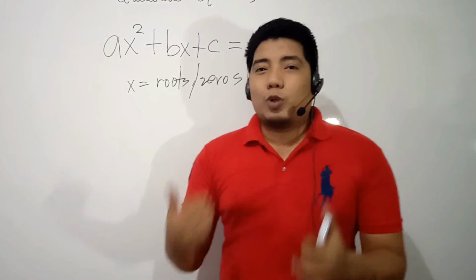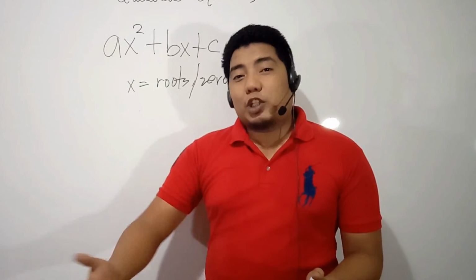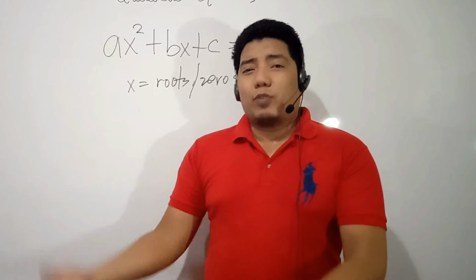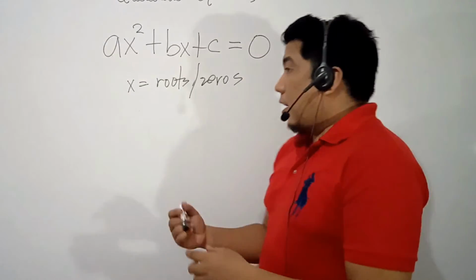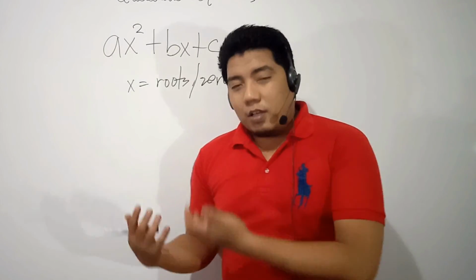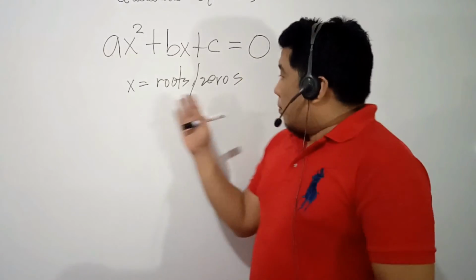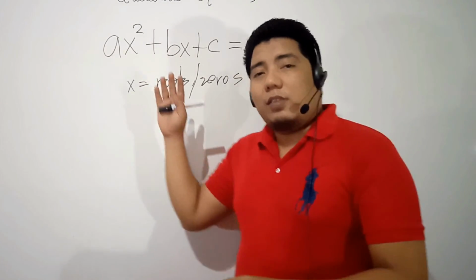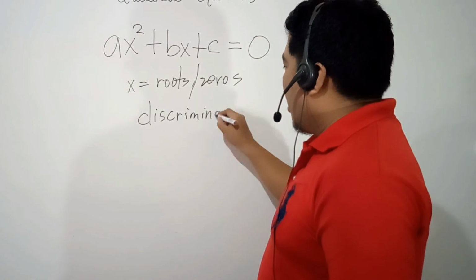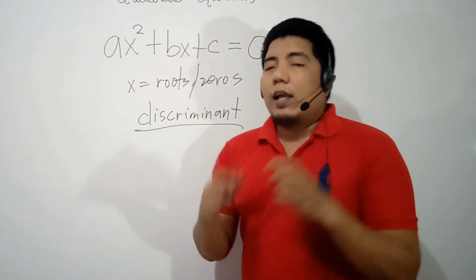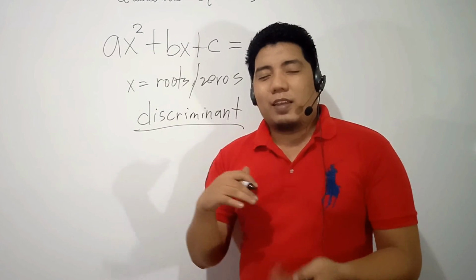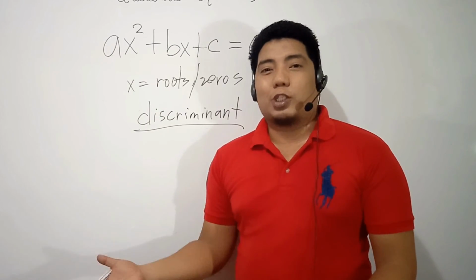They just want you to know the nature of your roots: is it irrational or rational, equal or unequal? More about this when we talk about the discriminant, because the discriminant will tell you the nature of the roots.